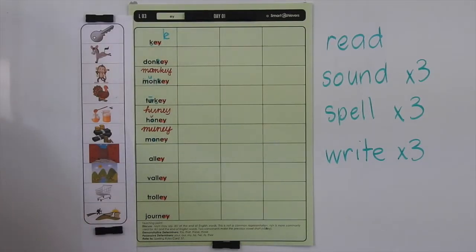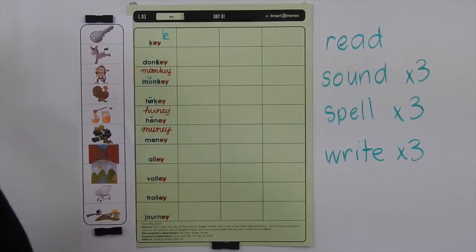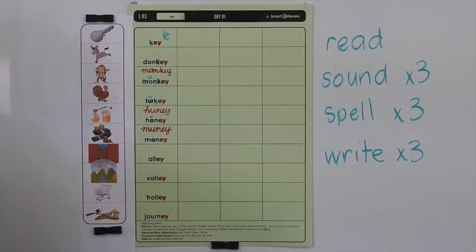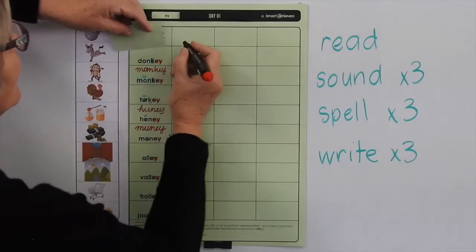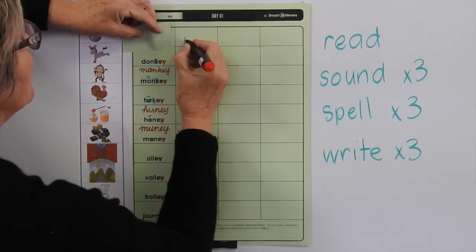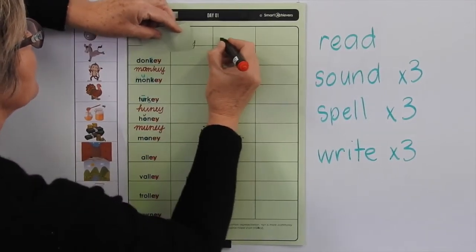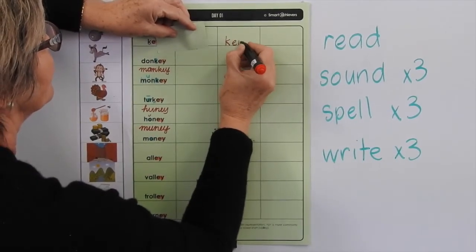Okay, let's read the words, sound the words, spell the words, and write them. So we've got key, k-e, k-e-y. And you cover it and write it 3 times.